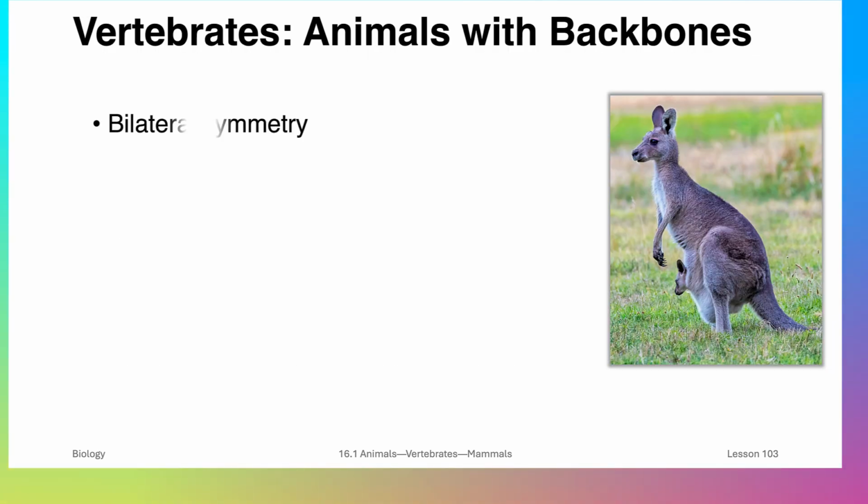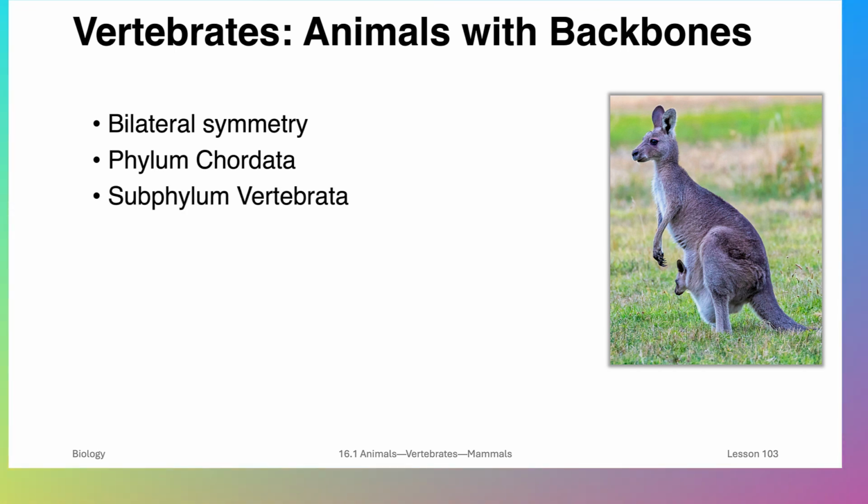So vertebrate animals have bilateral symmetry. They're called the phylum Chordata, which is from the notochord. A phylum is a big group of animals, or a big segment of animals. And then the subphylum is Vertebrata, that distinguishes it from invertebrates.